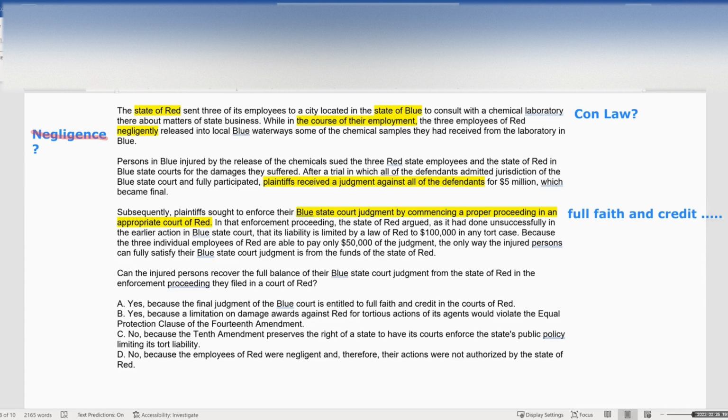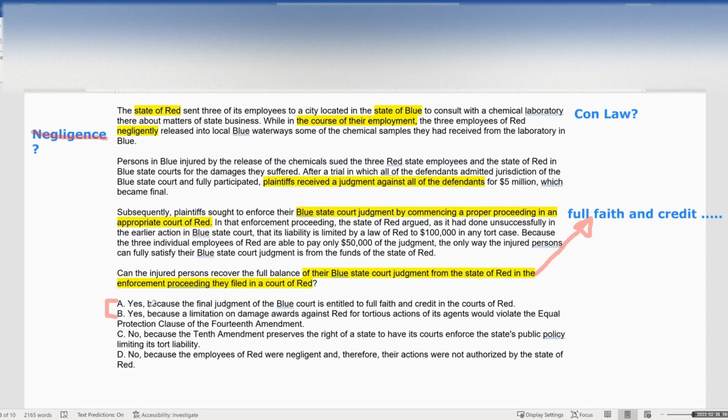This, to me, confirms that we are looking at the full faith and credit analysis. And at this point, I would be biased to thinking that, yes, it's likely that they will be able to enforce the judgment in the state of red.